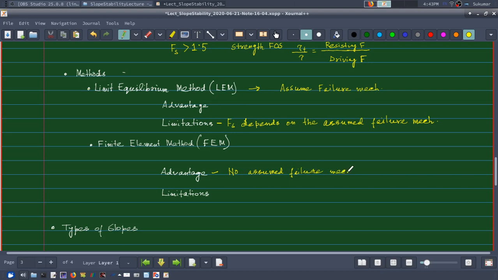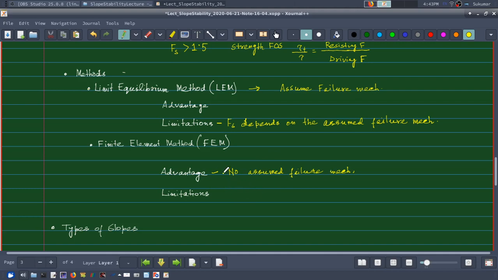We don't need to pre-assume a certain failure mechanism. The slope is allowed to fail in its own natural way in the modeling.